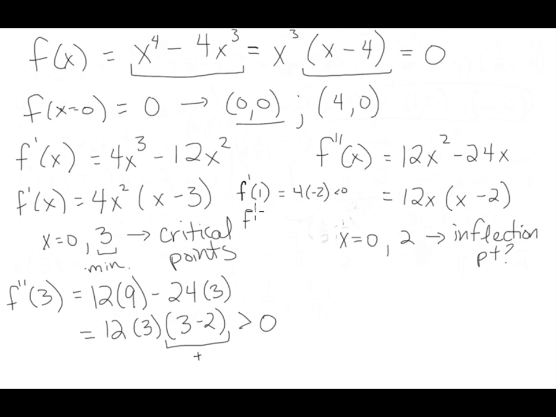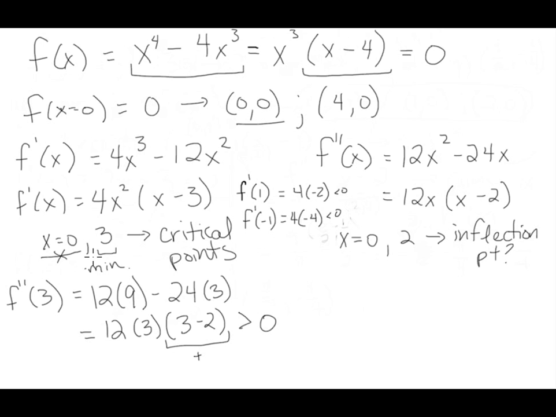And when x is equal to negative 1, the test points don't matter, I'm just picking values that make it easy to calculate. So I have 4 times negative 1 minus 3, which is negative 4, also less than 0. So x equals 0 is not a local min or max.